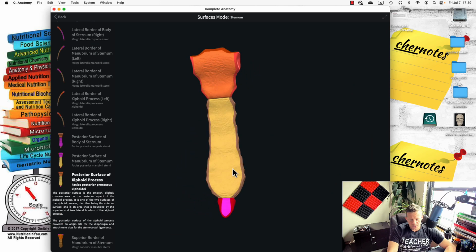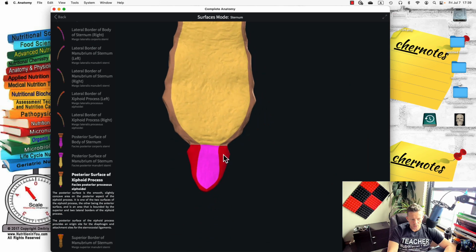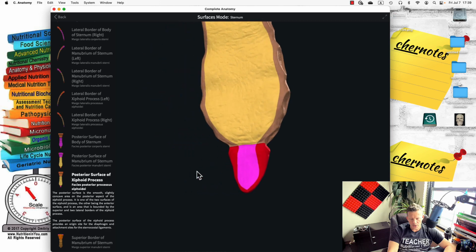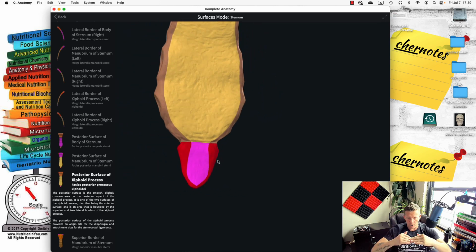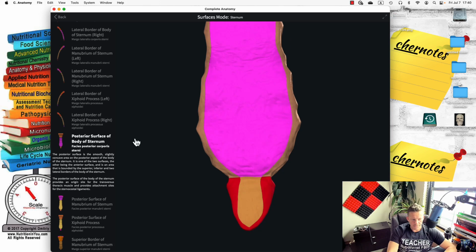The posterior side of the xiphoid process provides an origin site for the diaphragm and an attachment site for sternocostal ligaments. The xiphoid process is very important because the diaphragm separates the thoracic cavity from the abdominal cavity, and the diaphragm muscle also helps us breathe in and breathe out, so there is an attachment site for the diaphragm.